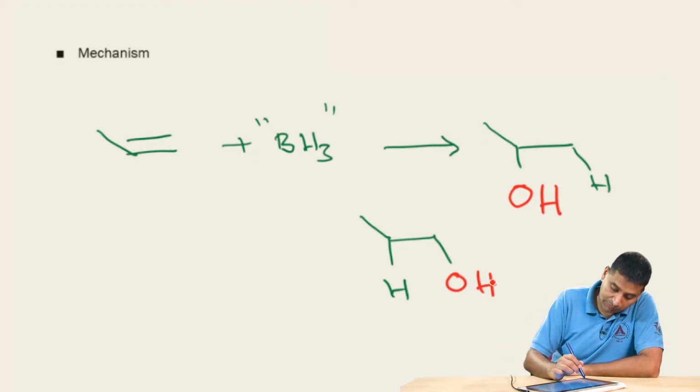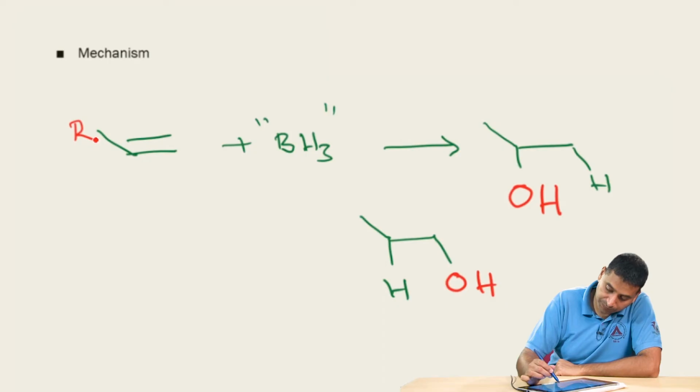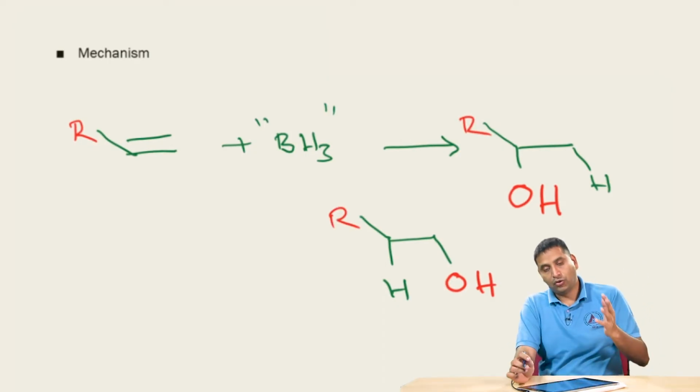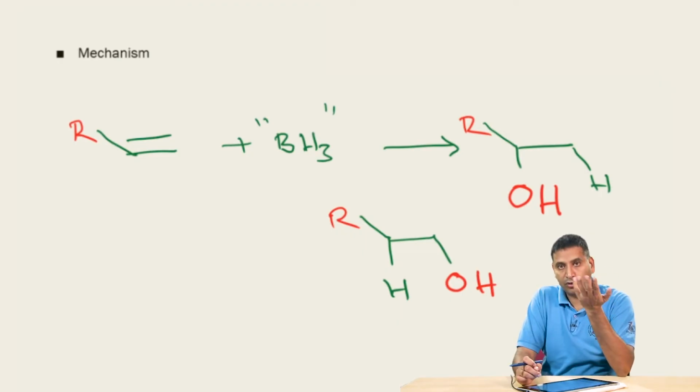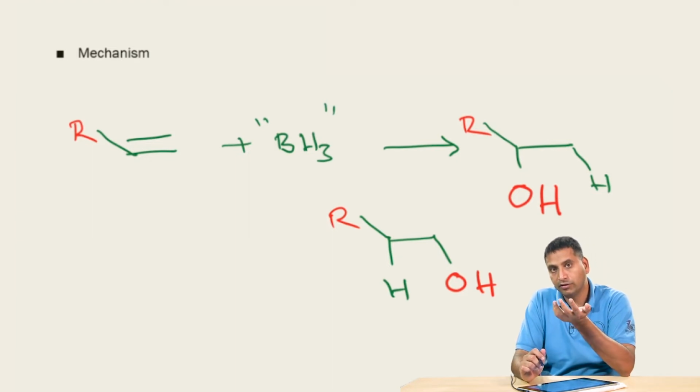Okay. So, imagine that this is R and this is R. Okay. So, when hydroboration-oxidation happens, formally first a borane adds to the double bond and you get BH2, which is followed by an oxidation reaction which can give you the alcohol.